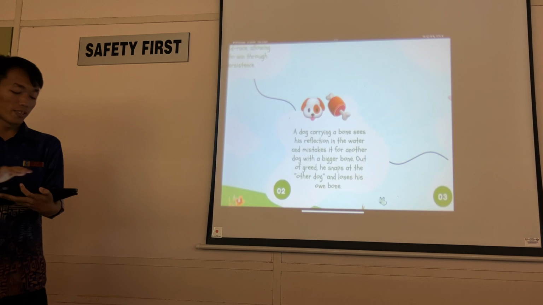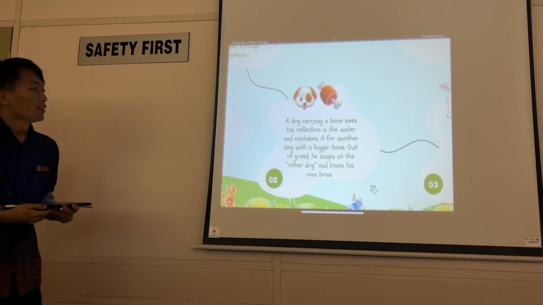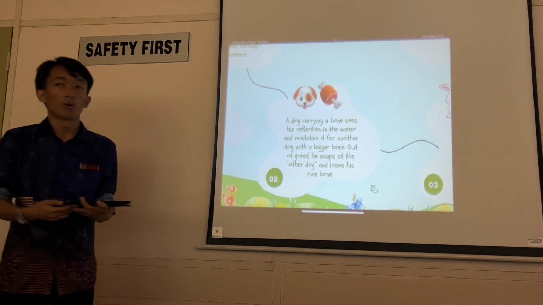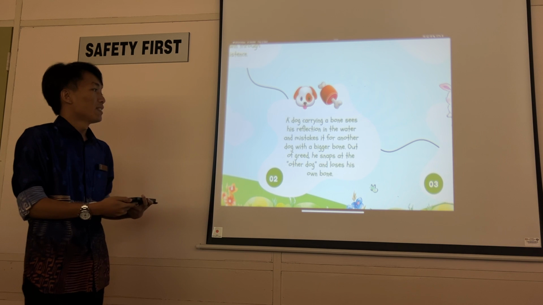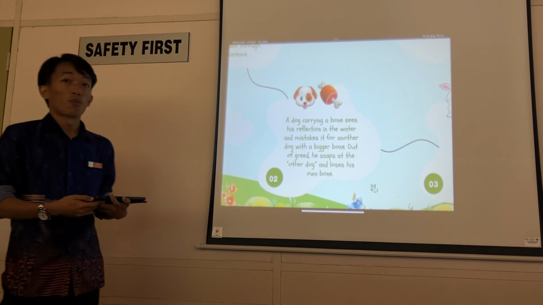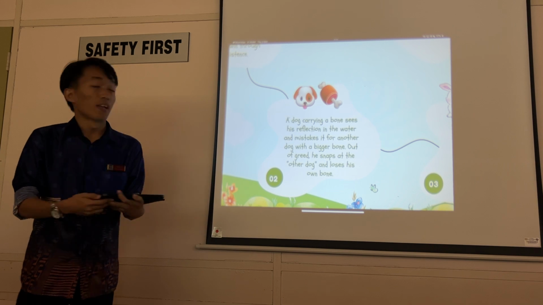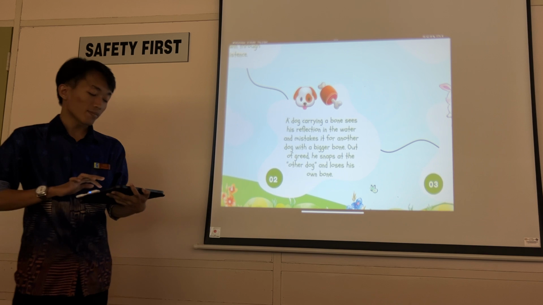And for the second story, we have the dog and the bone. It is about a dog carrying a bone who sees his reflection in the water and mistakes it for another dog with a bigger bone. Out of greed, he snaps at the other dog and loses his own bone.